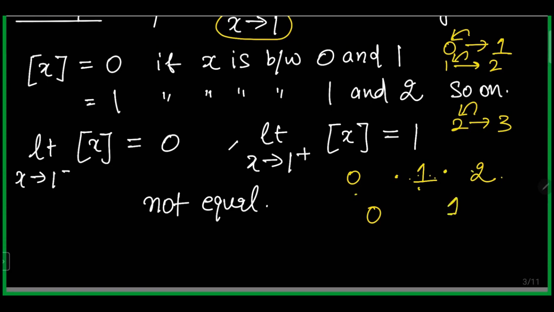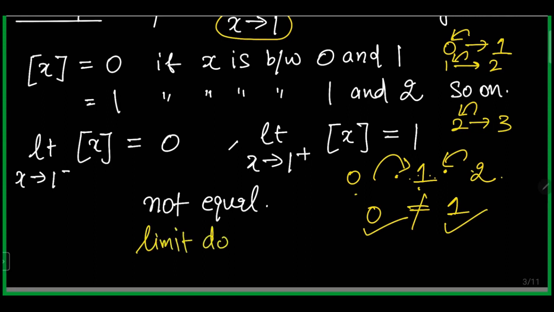It means my value is 1. So you can clearly see, if I approach from left side, my answer is 0. But if I approach from right side, my answer is 1. Both of these are not equal. It means limit does not exist. So I hope with these three examples, you understood when limit exists and when limit does not exist.